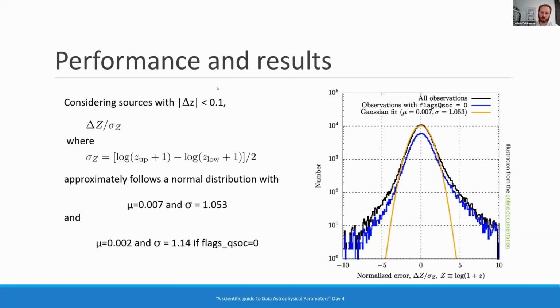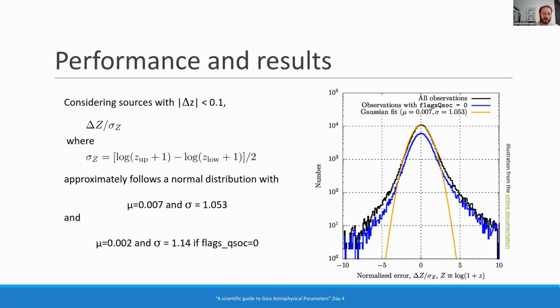Also now, if we look at the uncertainties that are associated to this result, I'm considering only here sources that have an absolute error that is lower than 0.1, simply because otherwise we will have very, very large data. These are what I call catastrophic predictions.